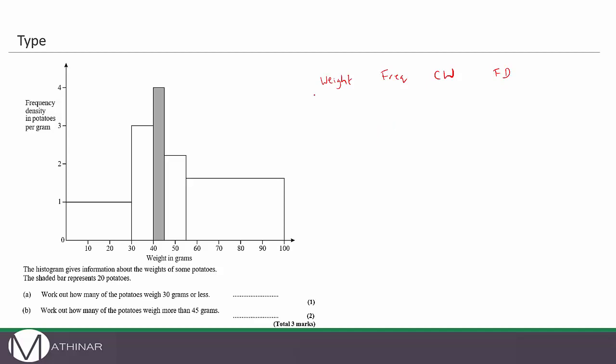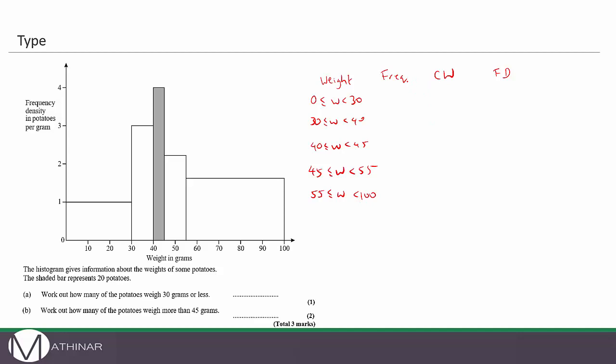So the weights of our potatoes are going to go from 0 to 30 for the first one, then 30 to 40, then 40 to 45, 45 to 55, and then 55 through to 100.